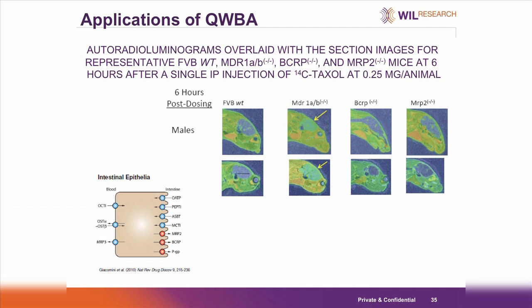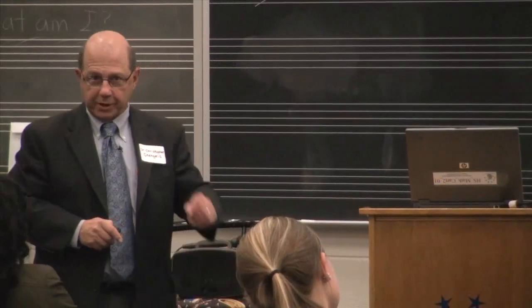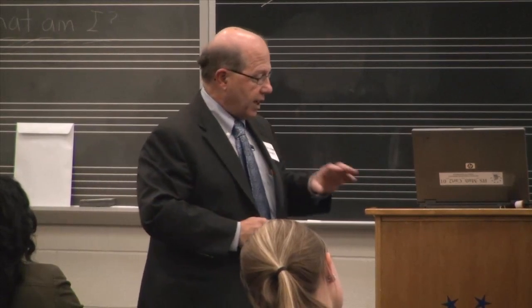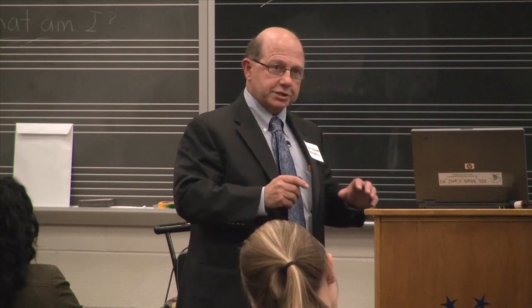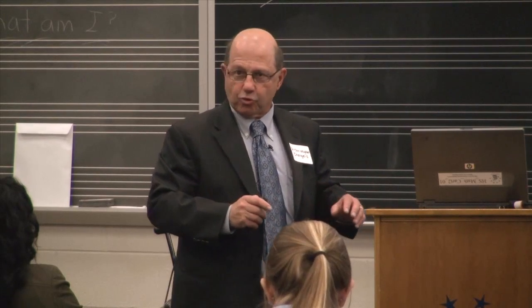This one lacks BCRP, which stands for breast cancer resistant protein, and multi-resistant protein. And what you can see here is that this transporter was very important in excluding this drug from the brain. You can see you get drug penetration there. So here we have a system that can help us determine whether or not something will be toxic to the brain or not.